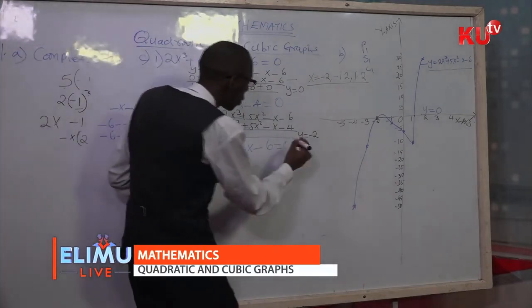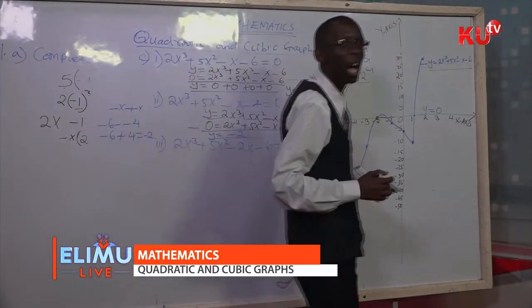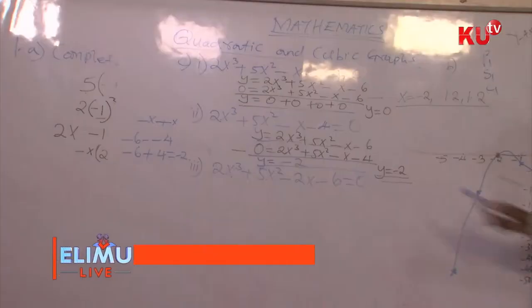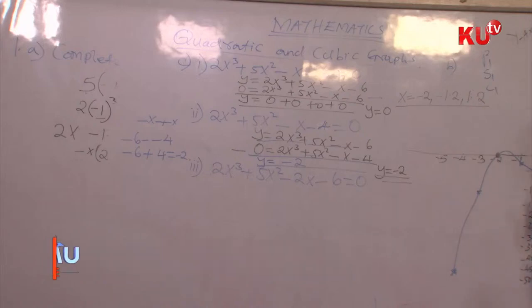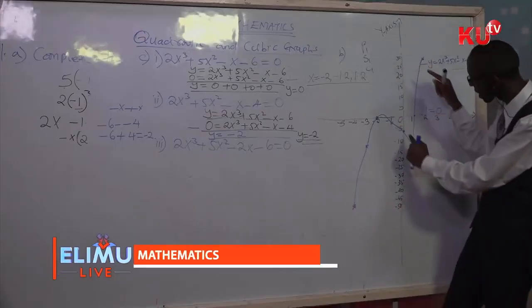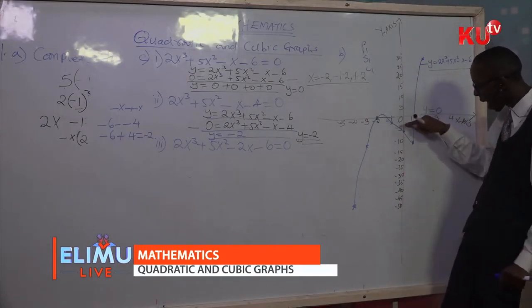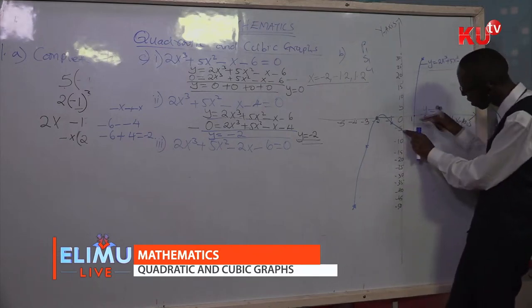So you have gotten your value of y is equal to negative 2. When you get your value as negative 2, my dear student, go back to your graph. So in your graph, go to the y-axis.